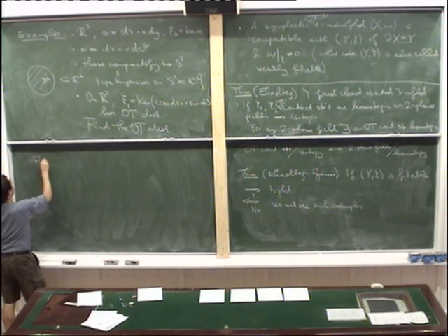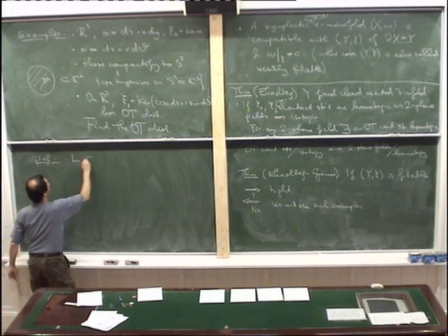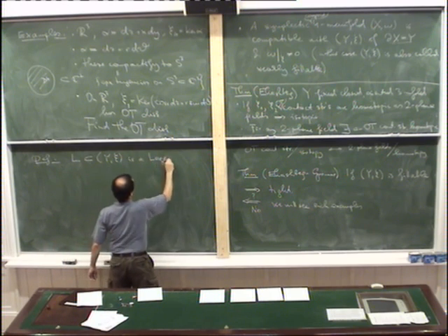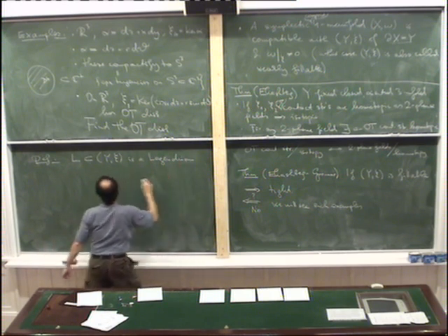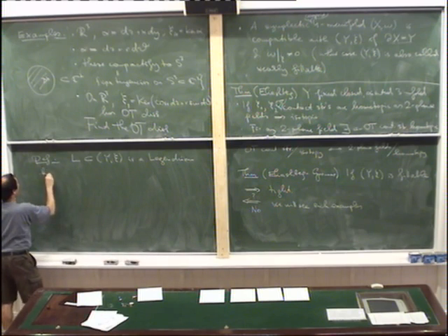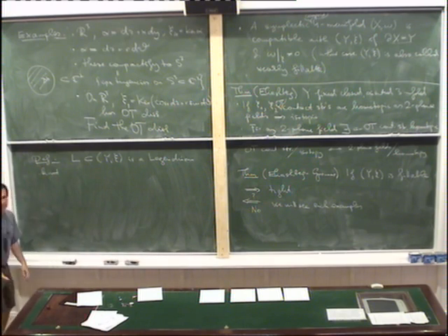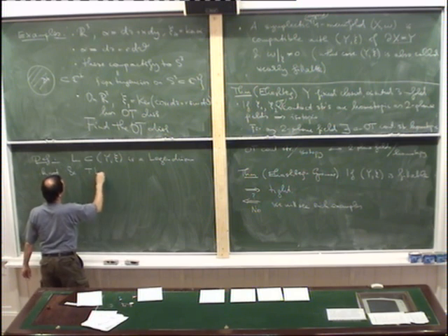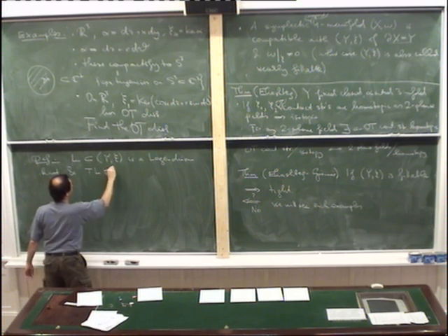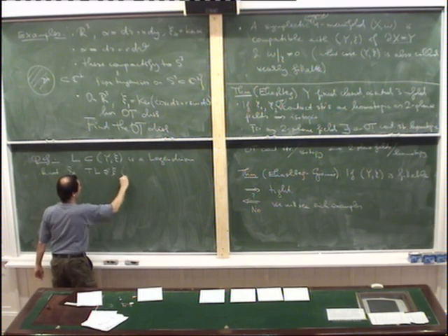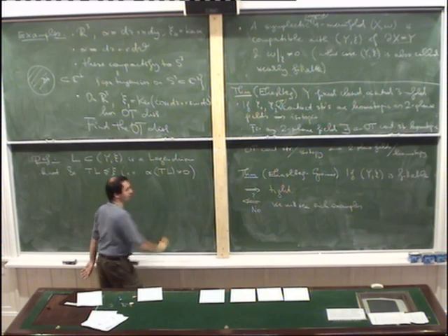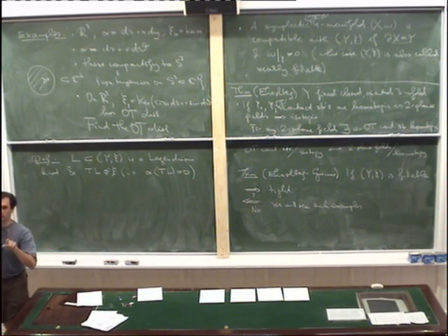So we say that L in (Y, xi) is a Legendrian curve, Legendrian knot, if L is a knot, so it's an embedding of S1, and the tangent of L is in xi, i.e. if you evaluate the contact one-form defining xi on the tangents of the knot, then you will get 0.